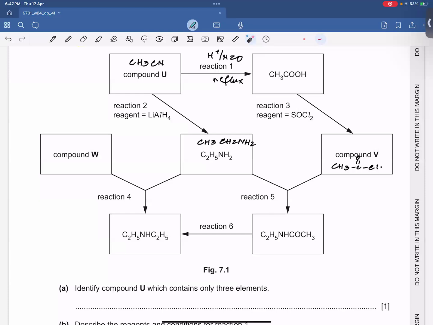Okay, look at this structure. This C2H5 will remain as it is. NH will remain as it is. But this whole thing is getting converted into an alkyl group, which means I'm reducing the amide. So for that, I need lithium aluminum hydride.